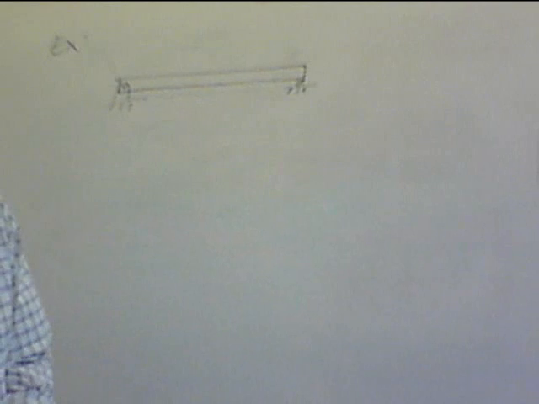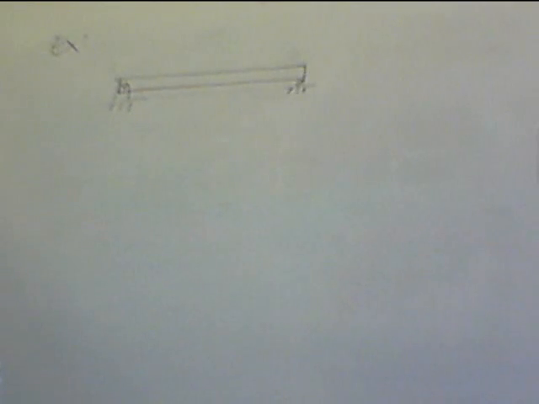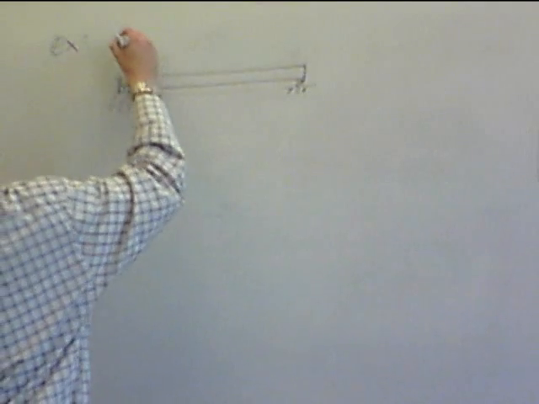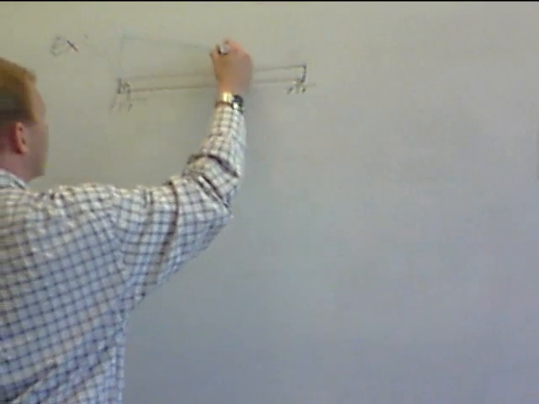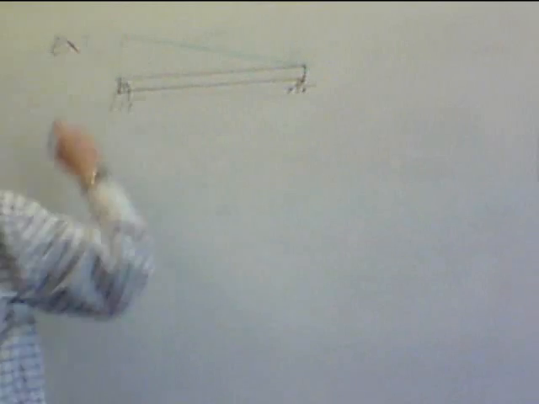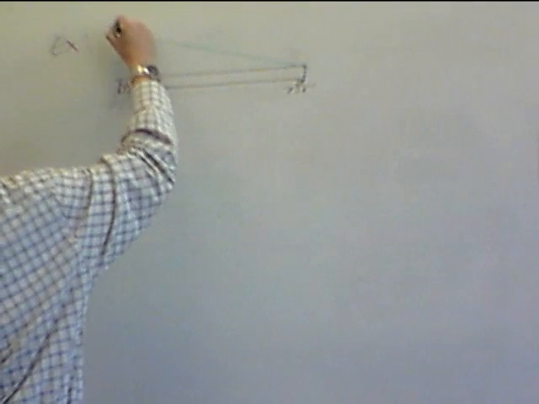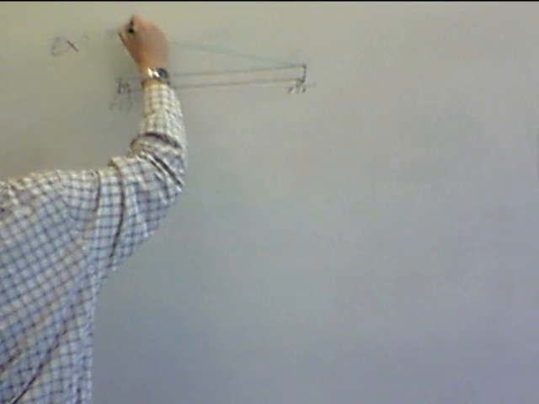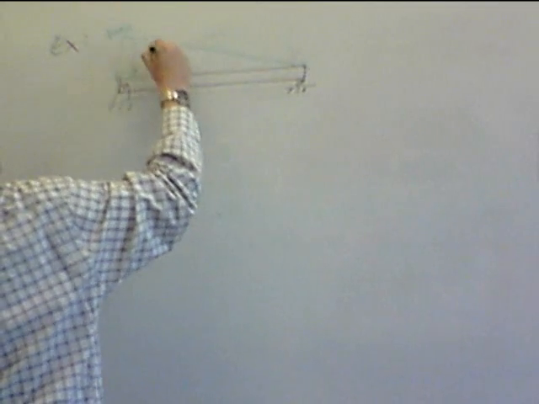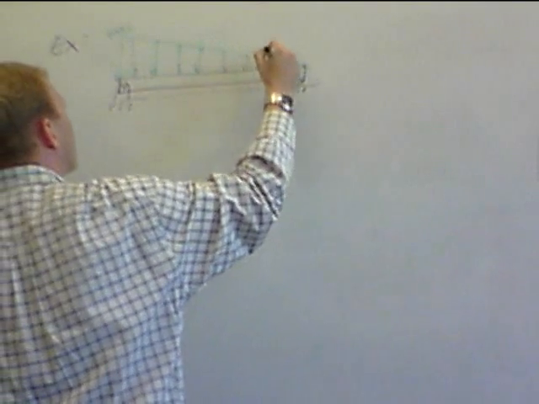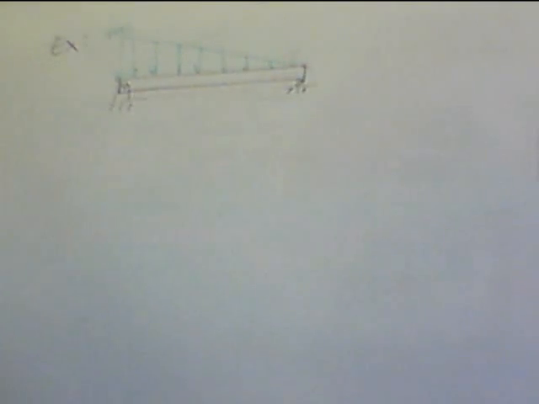We're going to have a distributed load, triangular in shape, and this is going to be 4 kilonewtons per meter, and that trends all the way down to 0.